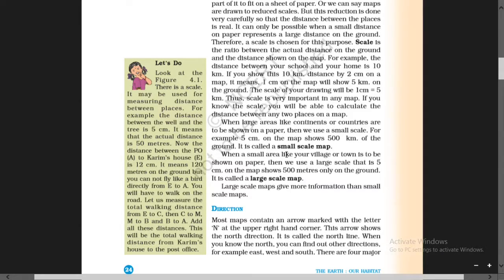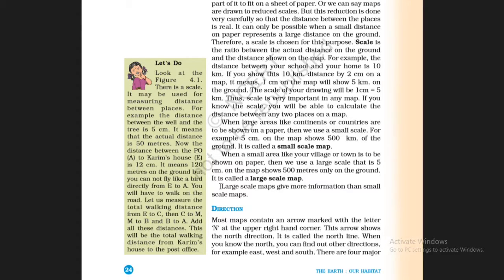When a small area like your village, town or school is to be shown on paper, then we use a large scale, because the area is not so vast.